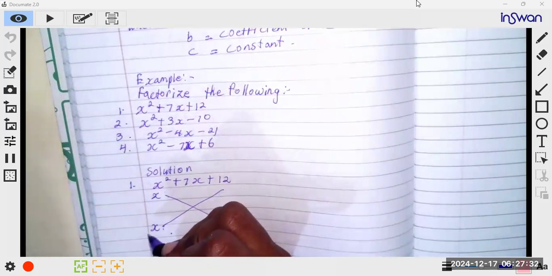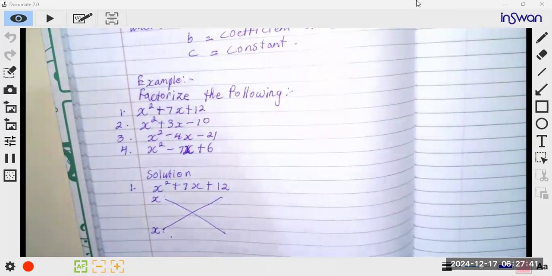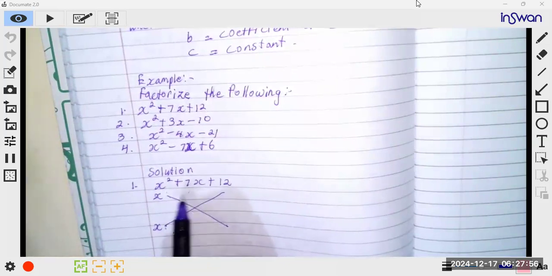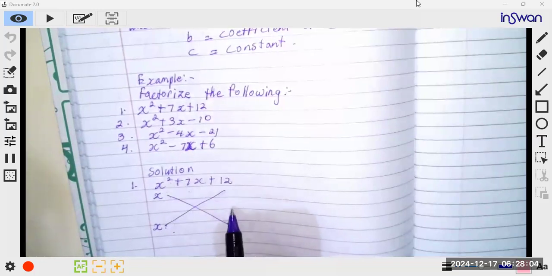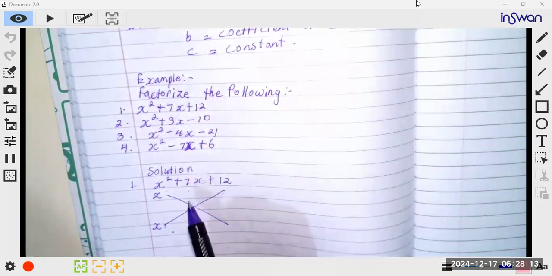Now we need to find the two numbers that when we multiply them will give us our constant 12, but when we add or subtract them, you must get your middle term, 7.